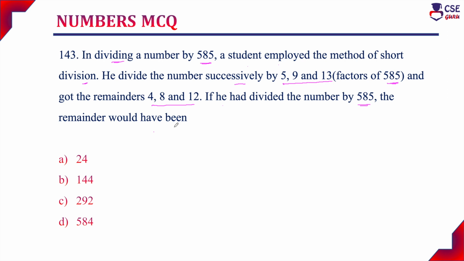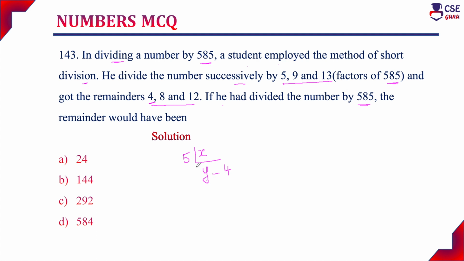So first we need to find the dividend value. This is also like the previous problem. Consider the number as x. When it is divided by 5, we will get quotient y and first remainder 4. This is a successive division.